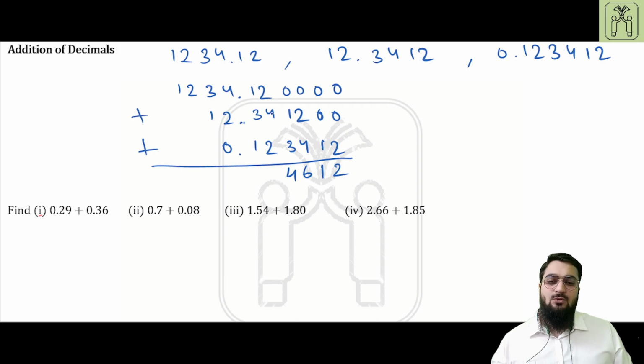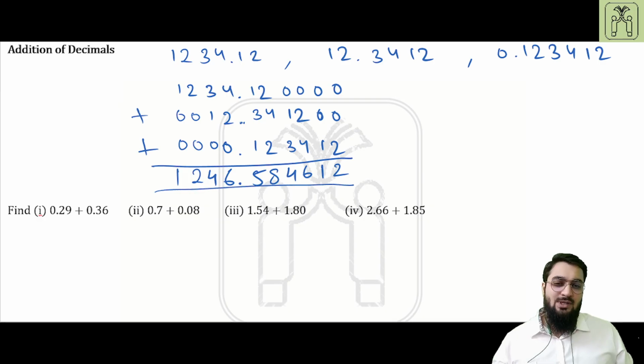Then 2 plus 2 plus 4 will give you 8. Then 1 plus 1 plus 3 will give you 5, point. And then 4 plus 2 will give you 6, and 0 will give you 6. 3 plus 1 will give you 4. 2 plus nothing is there, so it will be 0, 0, 0, 0. So 2 plus 0 plus 0 will give you 2 and 2. So this will be the answer.